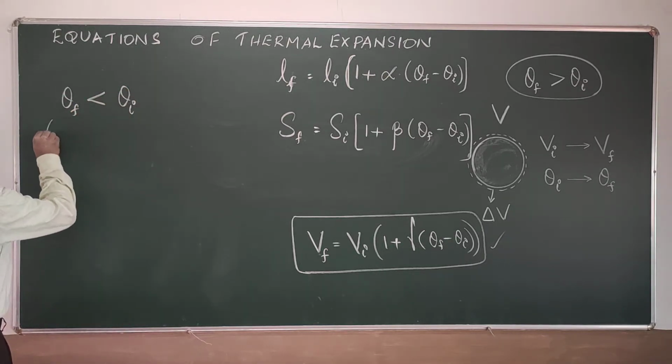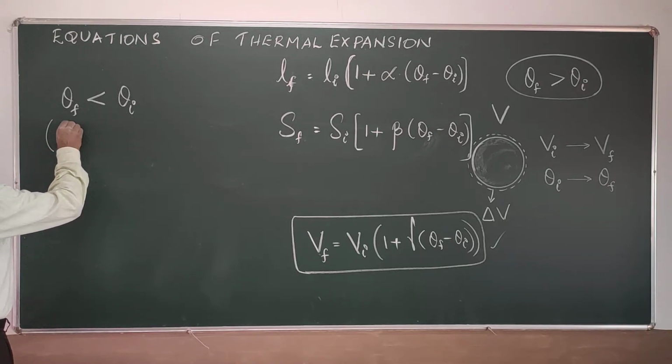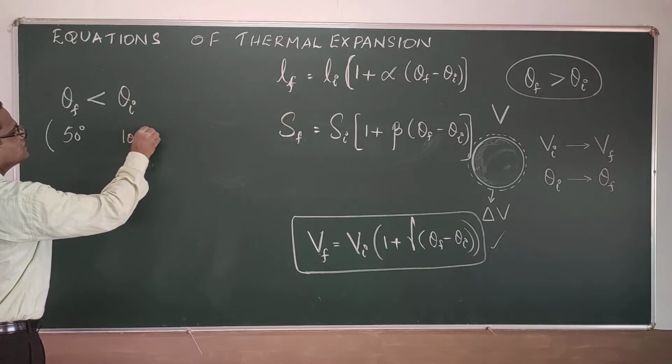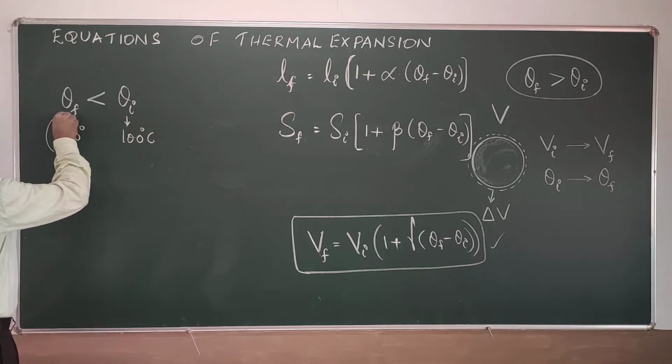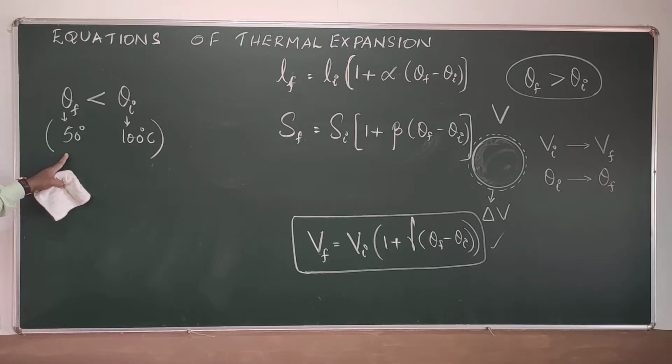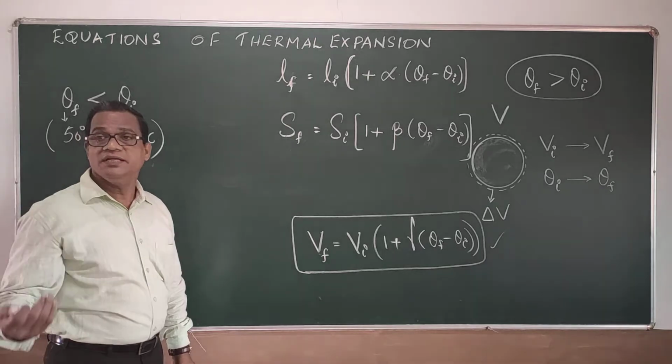For example, initially the object is at 100 degrees Celsius and finally it is at 50 degrees Celsius, which means there is a decrease of temperature.